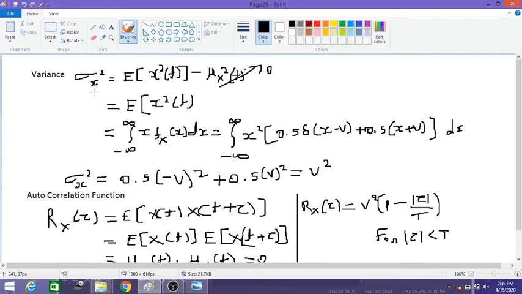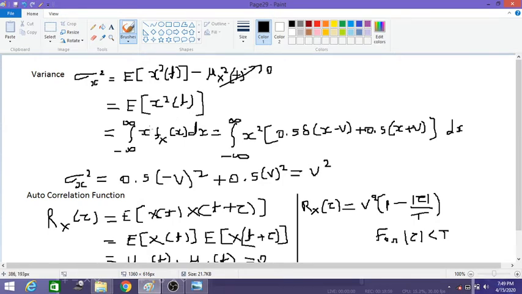The definition of the variance is sigma x square equal to the expectation of the square of the random process, that is x square of t, minus the mean square, mu x square of t. We know from the previous definition that the mean is 0. So now it is only the expectation of x square of t.